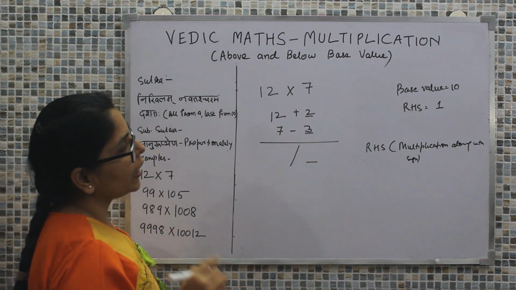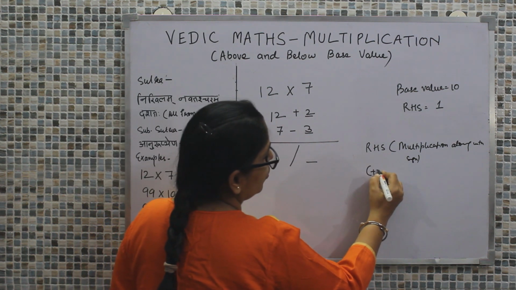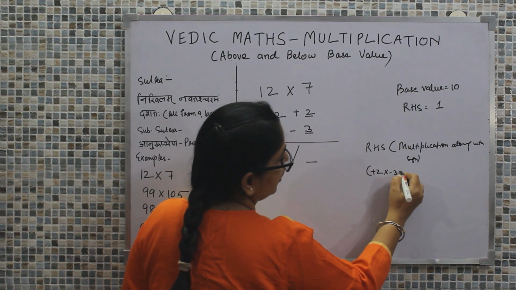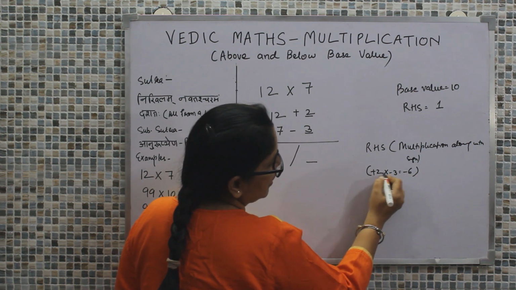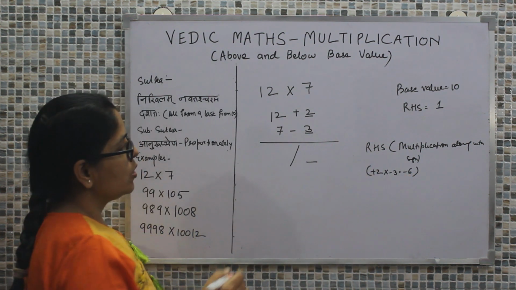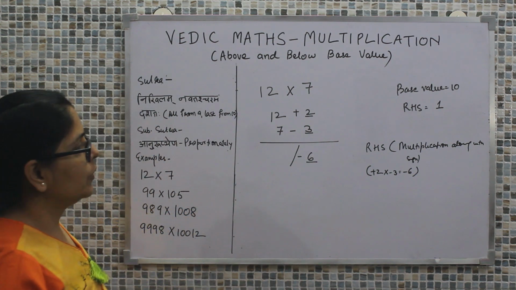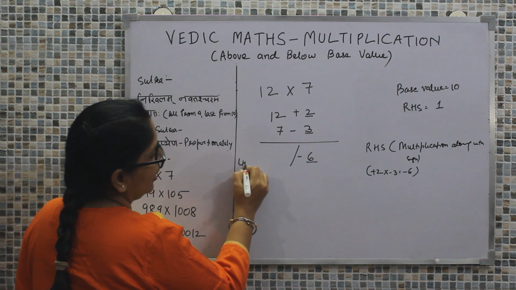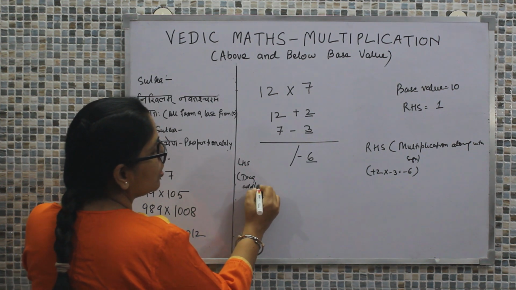So when calculating the RHS values, we have plus 2 into minus 3. That will come out to be minus 6, because 2 into 3 is 6 and plus into minus is minus. So the RHS will be minus 6. Now coming to the LHS. The LHS involves diagonal addition or subtraction.